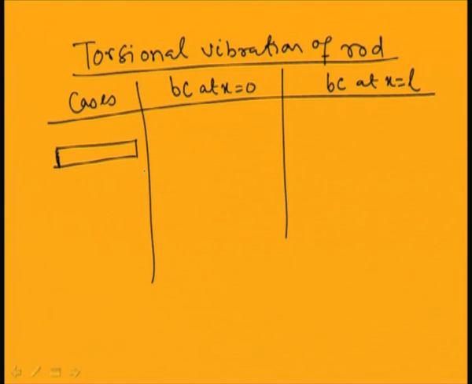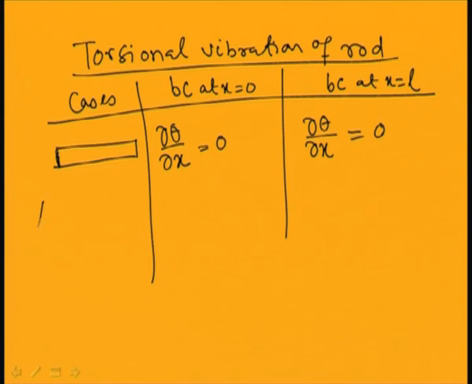As both ends are free, we can write the boundary conditions like this. The slope at both the ends will be equal to 0, or del theta by del x equal to 0 at the left end. Similarly, del theta by del x, the rate of rotation at the right end, will be equal to 0.